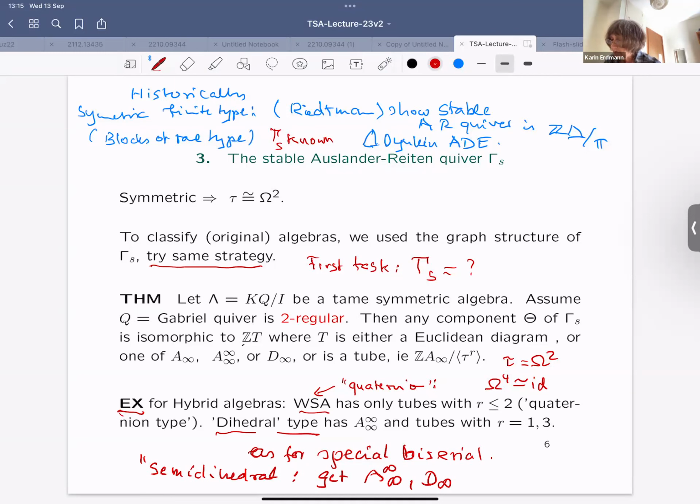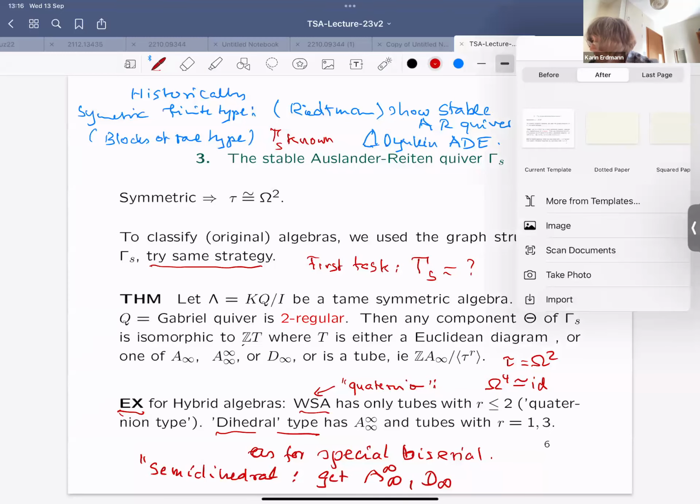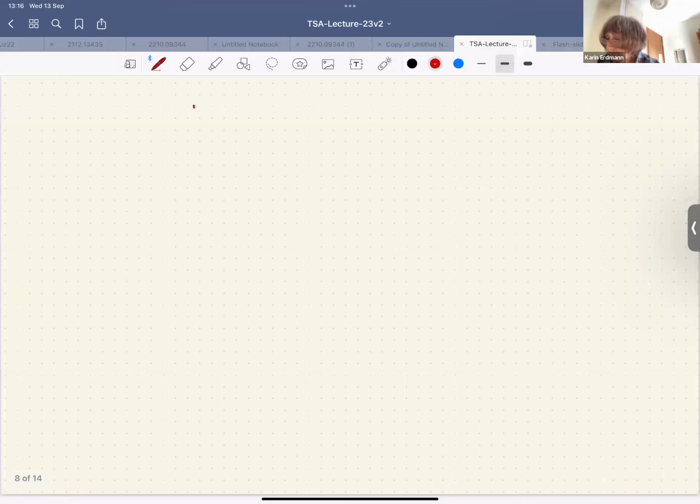And one question I don't know is, for tame algebras, so lambda tame and symmetric, can A infinity occur?